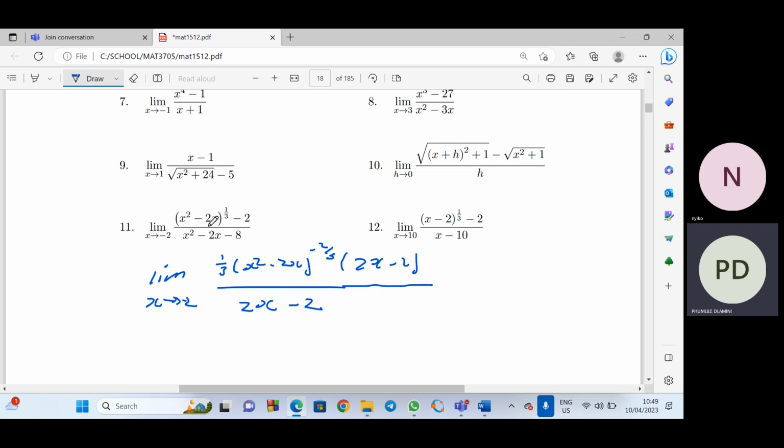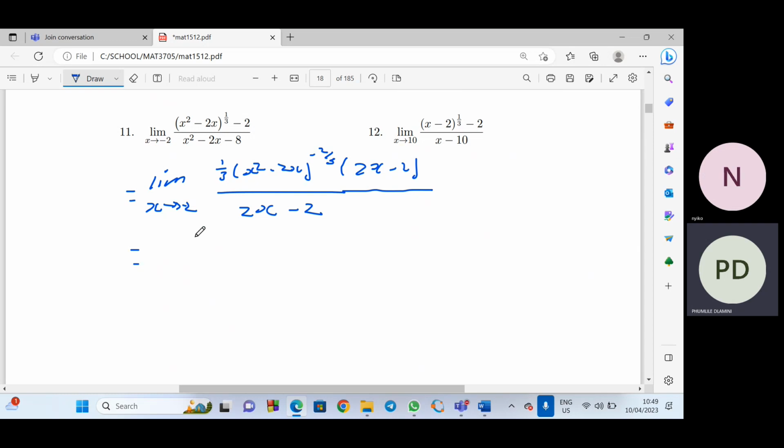So now, after doing that, I can substitute back. I can substitute my -2 into this equation. If I substitute -2, it's going to be 1 over 3 in brackets. -2 squared is going to be 4.